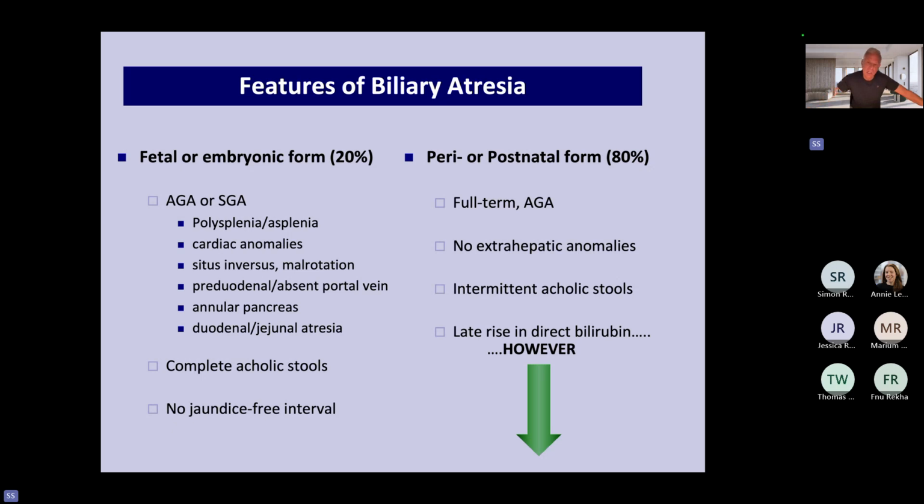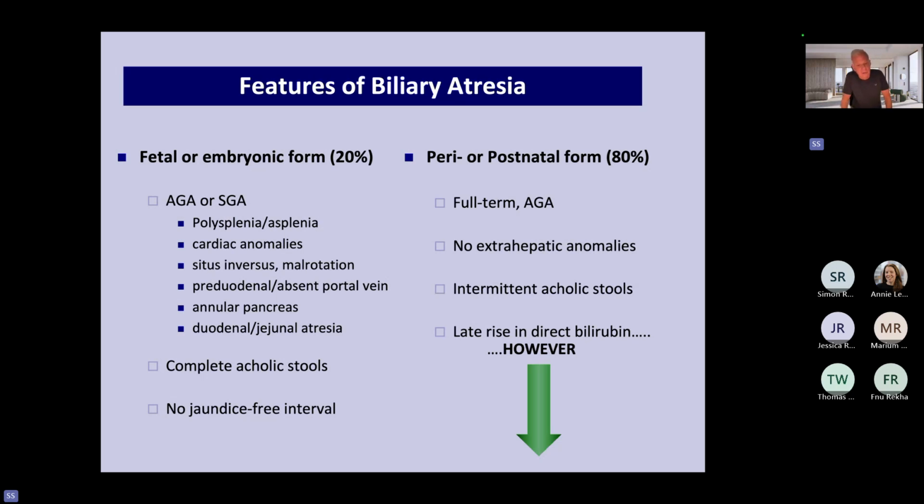They're characterized not only by biliary atresia, but by other anomalies: polysplenia, asplenia, cardiac disease, problems with situs inversus or situs indeterminus, malrotation. They may have a preduodenal or an absent portal vein, an annular pancreas, or a duodenal or jejunal atresia.